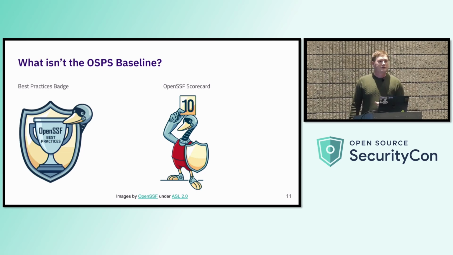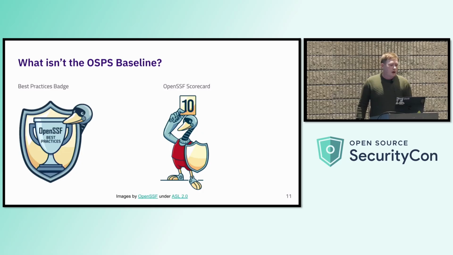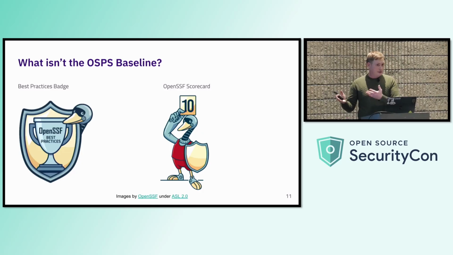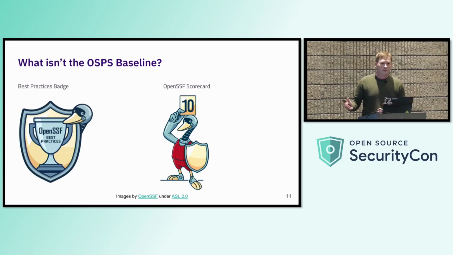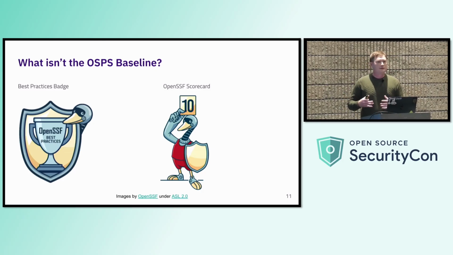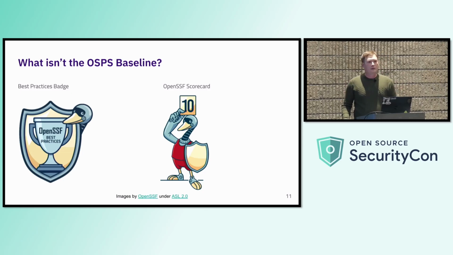It's not the best practices badge or scorecard. These are both great OpenSSF projects. Best practices badge has a ton of great best practices. It's in the name. It gives you a badge. And a lot of those correspond to things in baseline, but it's sort of a superset. Scorecard's the same way. There's a lot of stuff that it measures.